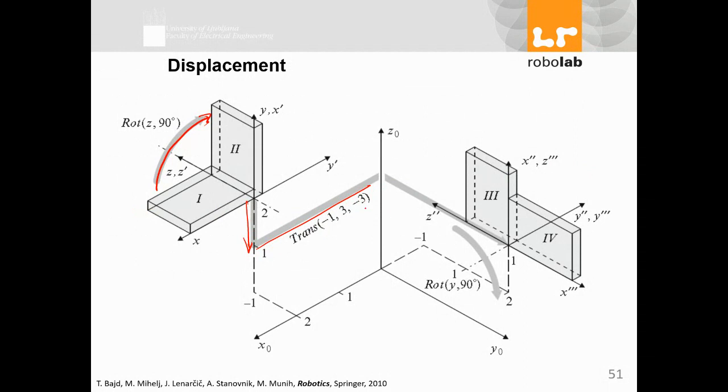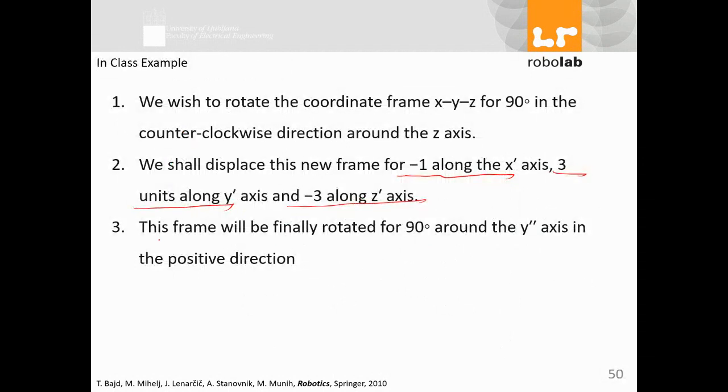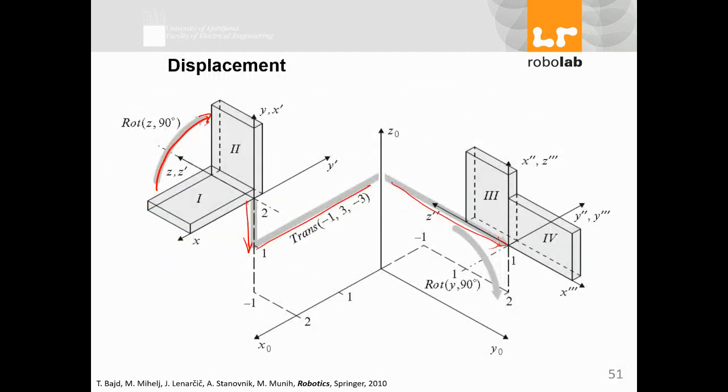This is the Y, the X, and the Z coming. So we are moving in this direction. After one rotation, we are moving in this direction. Then the frame will be finally rotated for 90 degrees around the X second axis, which is this. So we do another rotation to convert it to this.